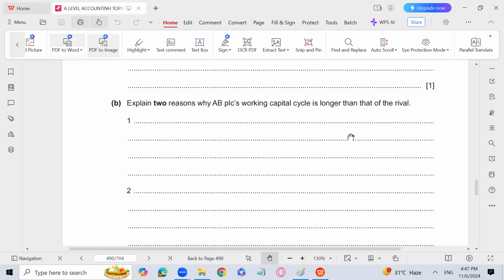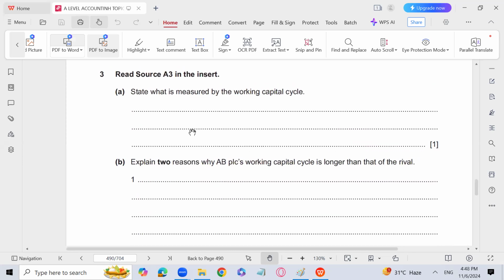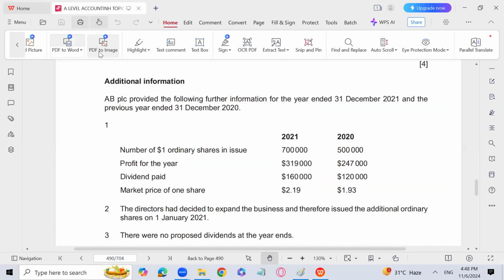Because the formula for the working capital cycle is inventory turnover in days plus trade receivable turnover in days minus trade payable turnover in days, and it tells you how much cash is invested in the business and for how long it will be retained in the business, after how many days you will get that cash back. So this is how we have completed and solved this question.